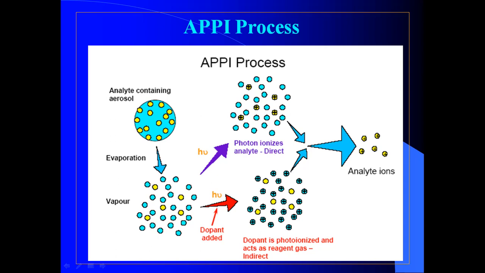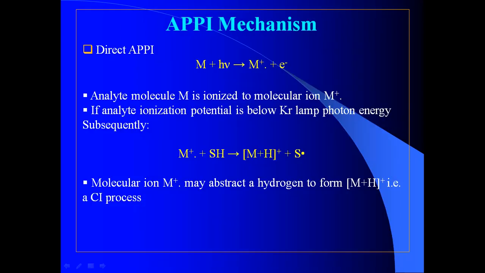In the indirect or dopant-added mode, the nitrogen gas is ionized first, and as a result the analyte molecules are ionized and go into the mass analyzer. In direct atmospheric pressure photoionization, the photon directly ionizes the analyte molecules, and in the indirect mode, the solvent molecule that is ionized ionizes the analyte molecules.